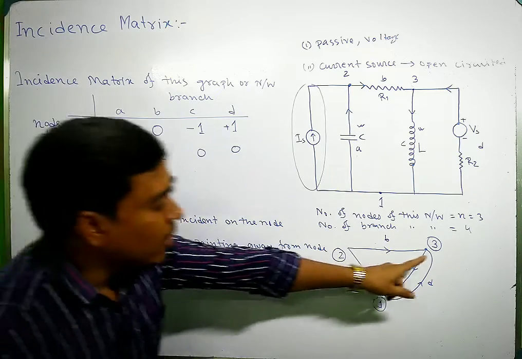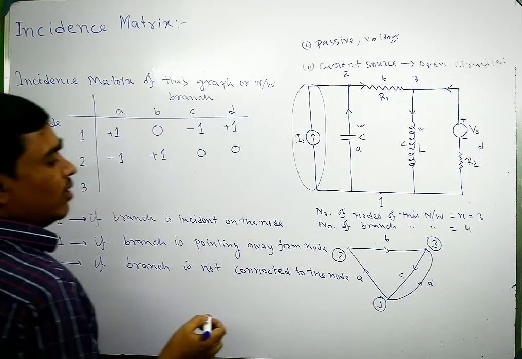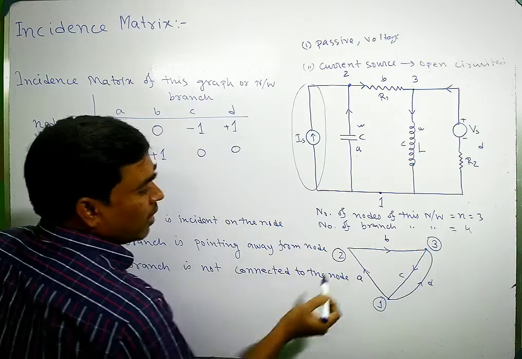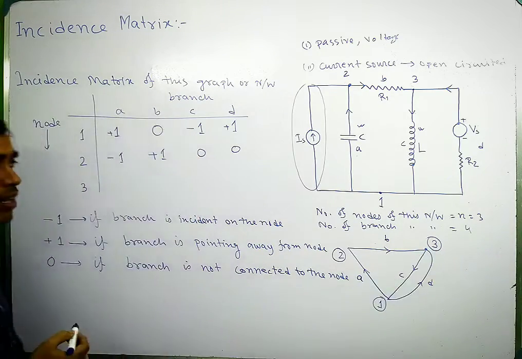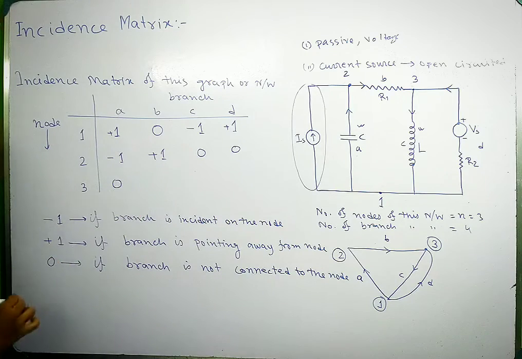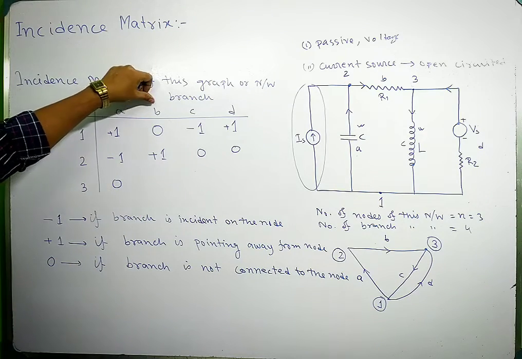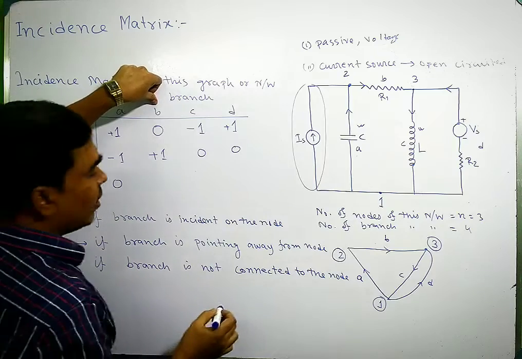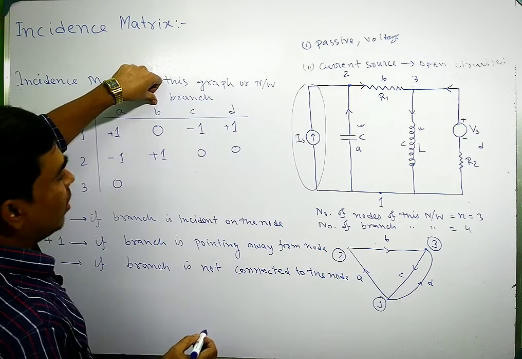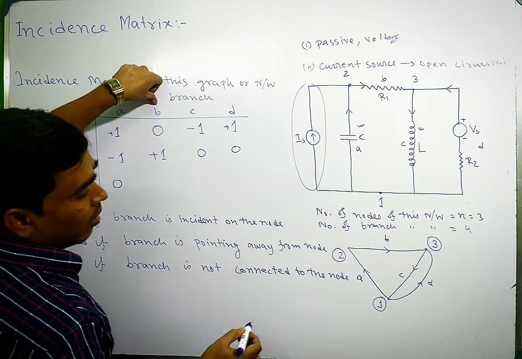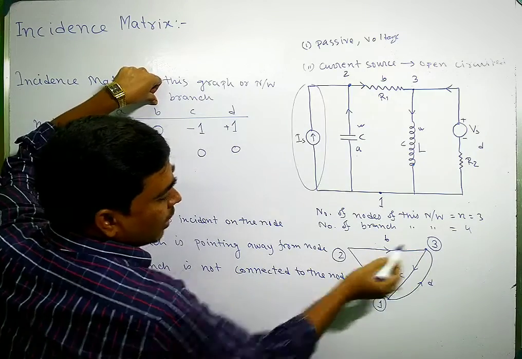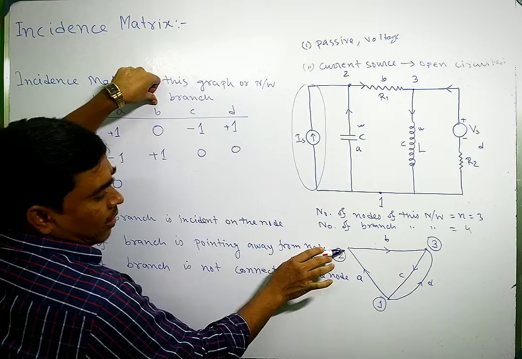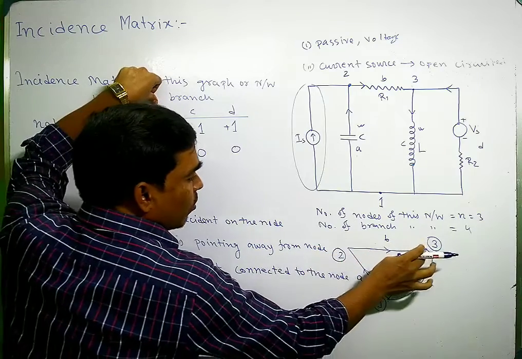Now node number 3. Node number 3, this A branch is not connected to this node 3, that's why it is 0. Now branch B. This is branch B and this is node 3. So this branch is pointing into this node.